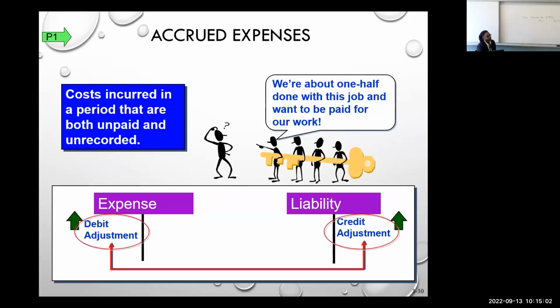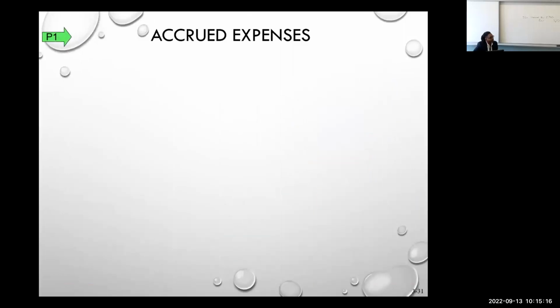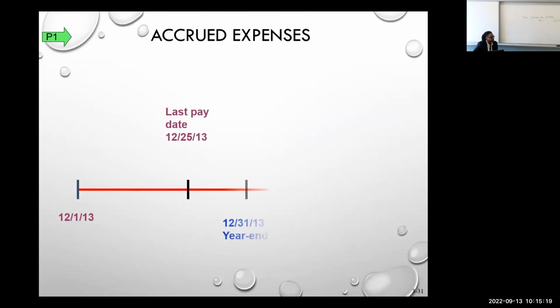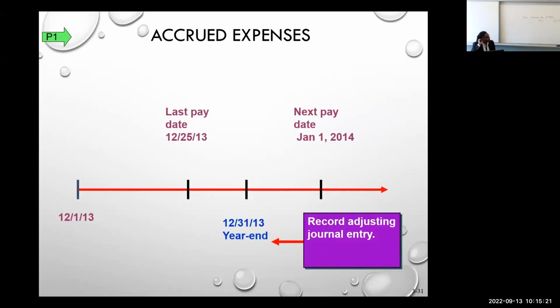And this one is accrued expense. Something simple like wages, right? See these workers say, we're about 1/2 done with this job and want to be paid for our work, right? So when that happens, we'll debit an expense and credit a liability, like wages payable. So in this example, let's say for instance, the last payday ended on December 25th.